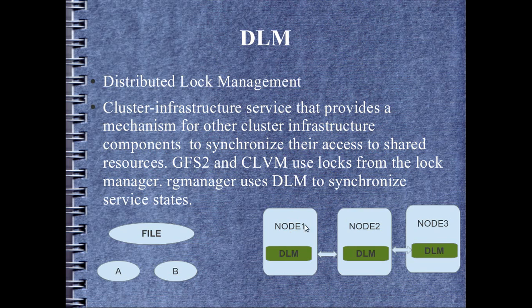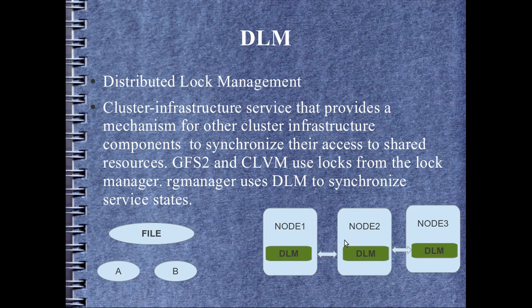When the service is relocated from node 1 to node 2, distributed lock management removes the lock corresponding to node 1 for the clustered services and resources and assigns them to node 2. Finally, DLM on all three nodes is notified, and all three nodes know that the clustered service is running on node 2. So this is how resource group manager works.